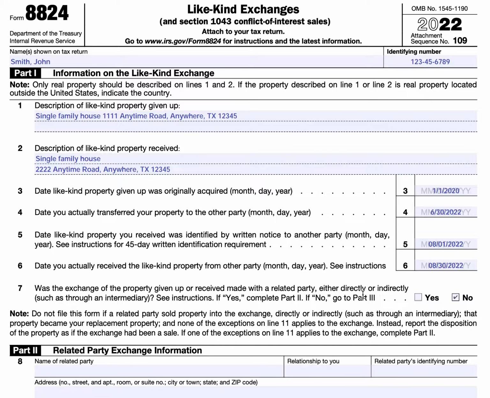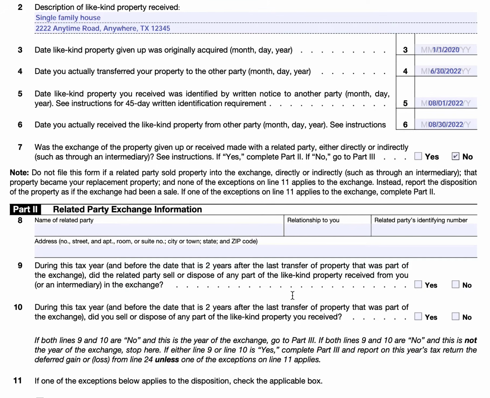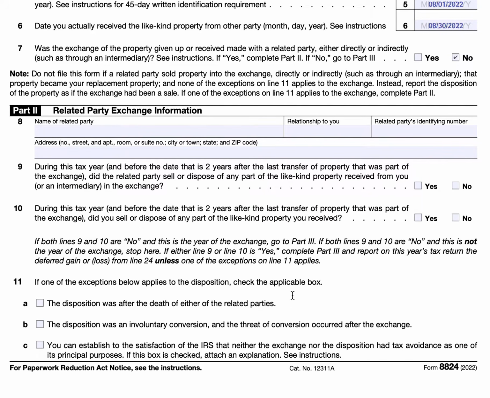It does not matter if you went through an intermediary, like a qualified Section 1031 intermediary or not. But if you did do this with a related party, then you would have to enter related party exchange information. You can still do a 1031 exchange, you just need to follow certain rules. And if not, then you can go directly to Part 3.